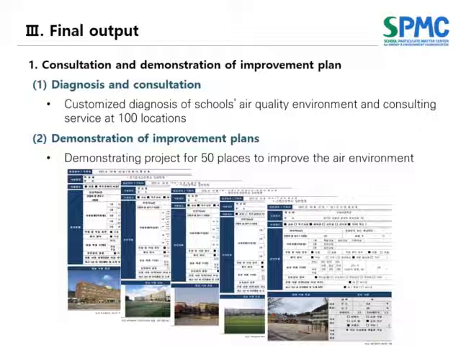We will analyze the improvement effect by comparing the 50 improved locations before and after the improvement project. In particular, we will also ask teachers and students about their awareness or satisfaction with the changed system to identify the occupants' satisfaction.